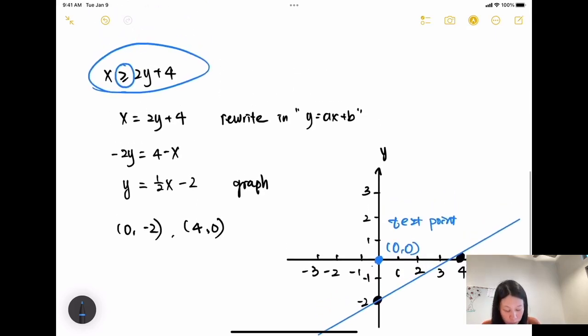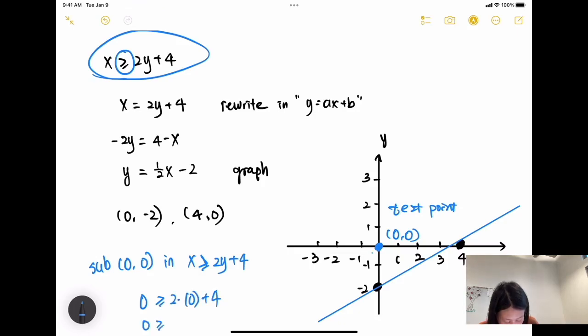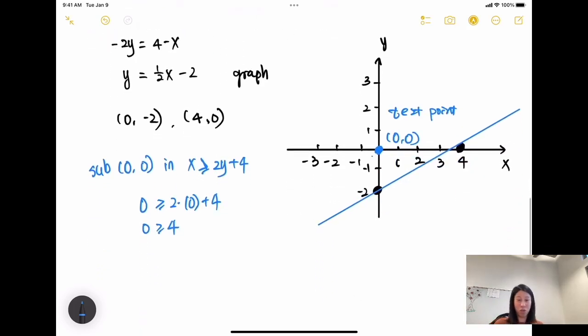Okay, so I substitute 0, 0 into x greater than or equal to 2y plus 4. So 0 greater than or equal to 2 times 0 plus 4, 0 greater than or equal to 4. Is that true? No, this is a false statement, right?